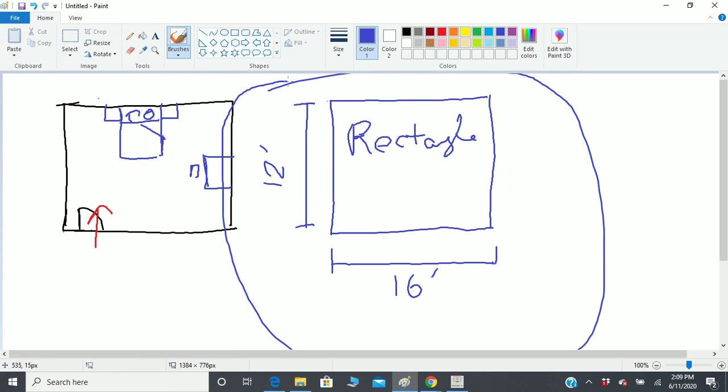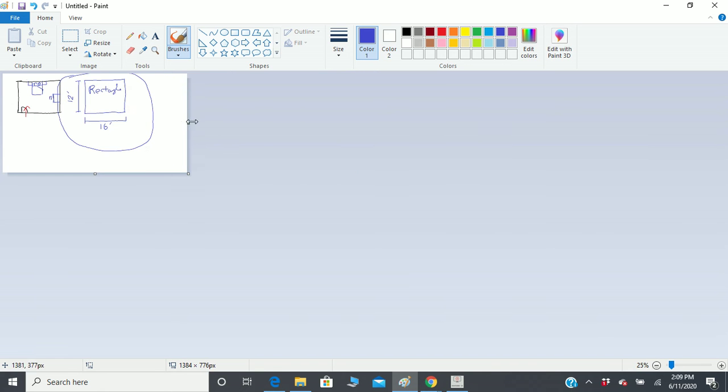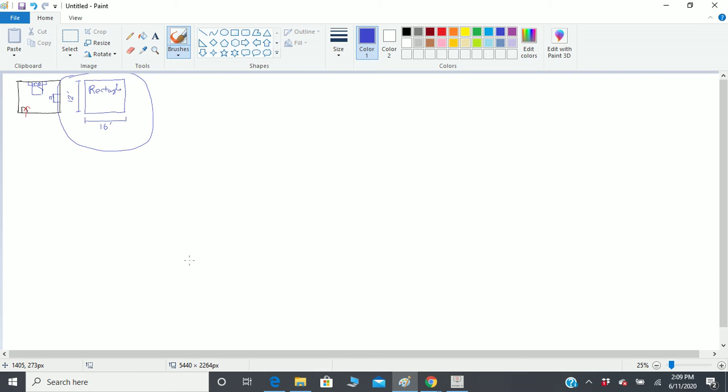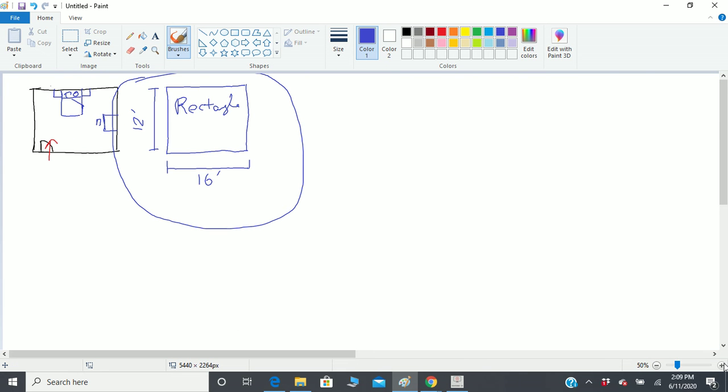How many sides are there, and what is the size of the sides? Now maybe some of you might have rooms like this. So maybe you have a straight wall, it turns like this, then it turns again, and it's like this.